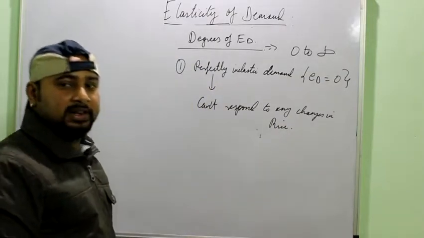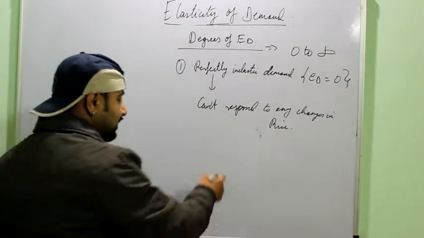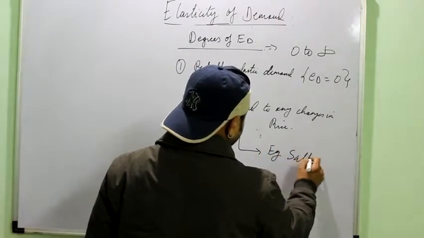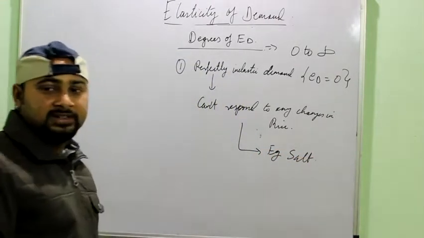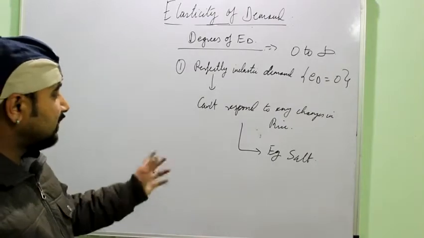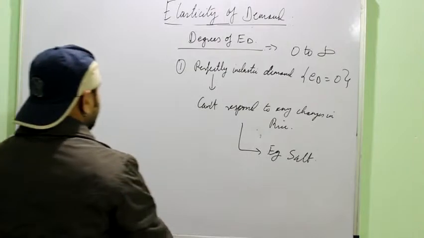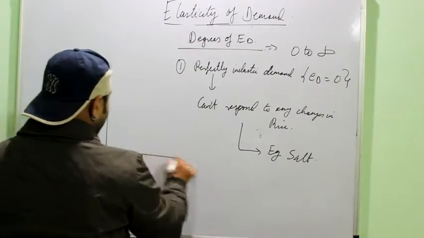Practically, there is no commodity which has perfectly inelastic demand, but yes, you can theoretically use the example of salt, where we have already seen, even when the price was changing, the demand for salt was not increasing or decreasing. Diagrammatically, it can be represented.